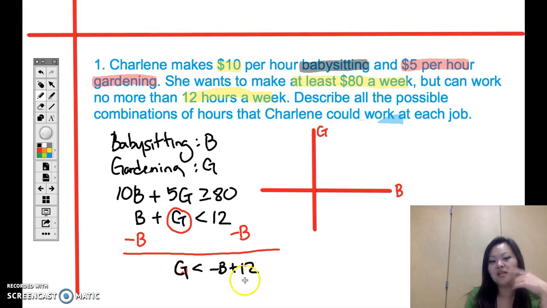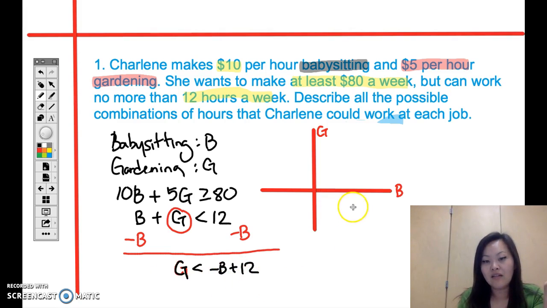Okay, so there you go. Here's my first equation, and I'm going to graph it right now. So I'm going to find my 12 here. Obviously, this is not accurate. I'm going to erase the G here so you don't get confused, right? And then from here, my slope is -1, which means I go down 1 and to the right 1.